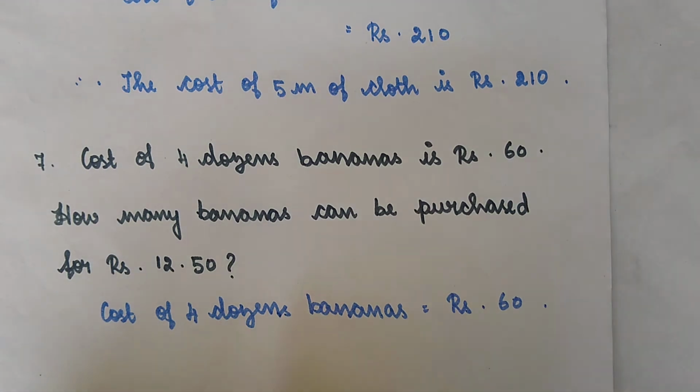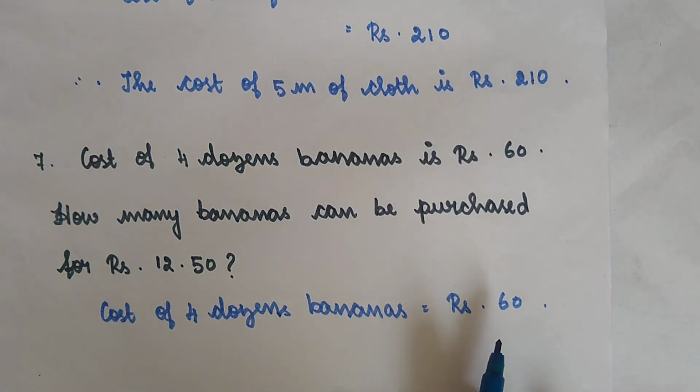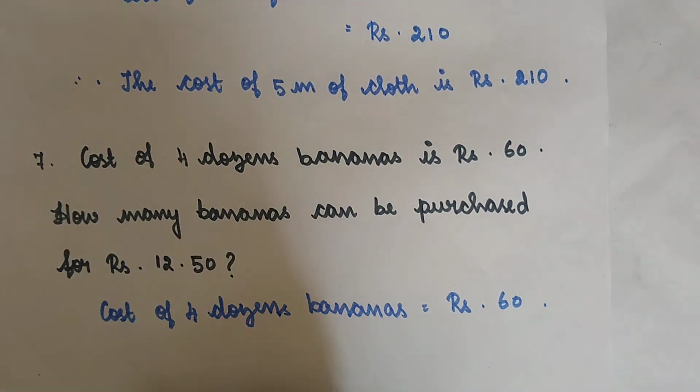Already we know 1 dozen equal to 12. So 1 dozen bananas equal to 12 bananas. So 4 dozen means 4 into 12, that is 48 bananas. So the cost of 48 bananas is rupees 60.